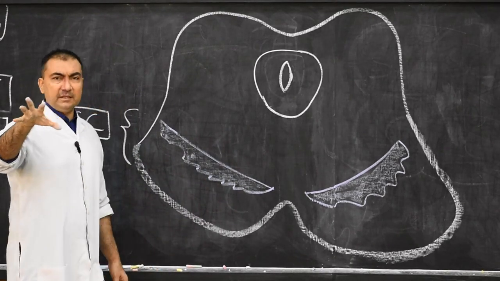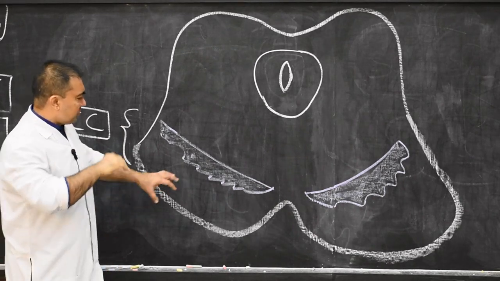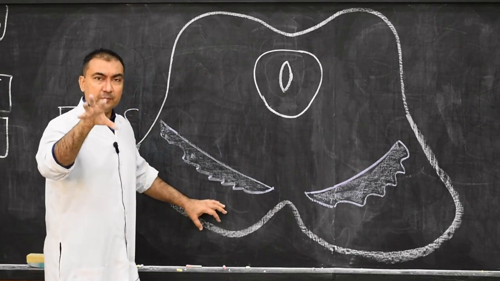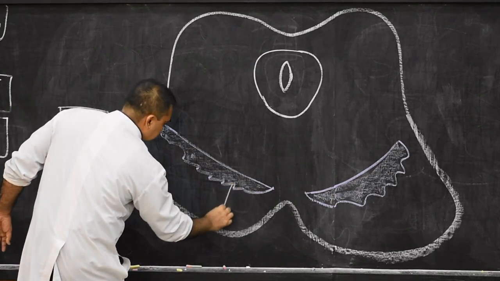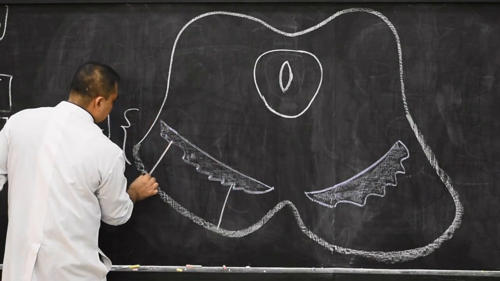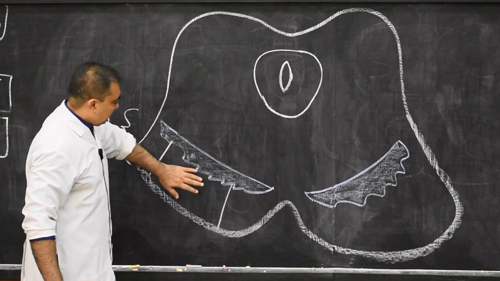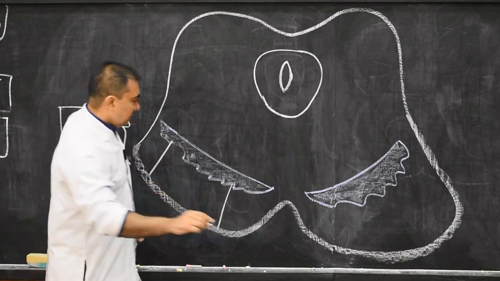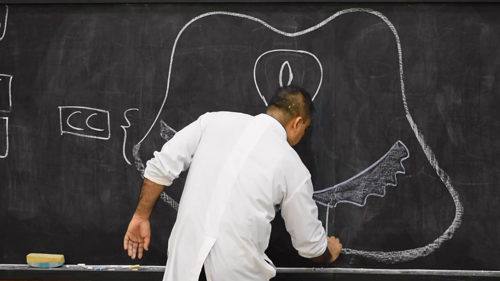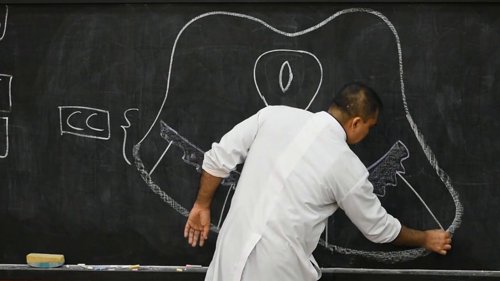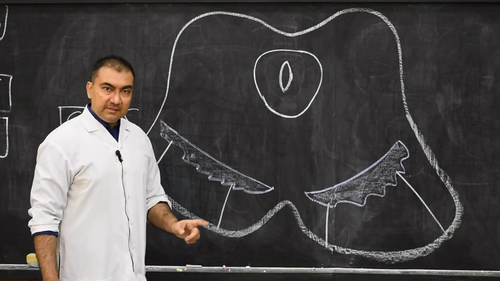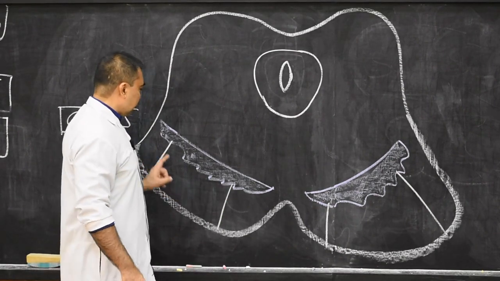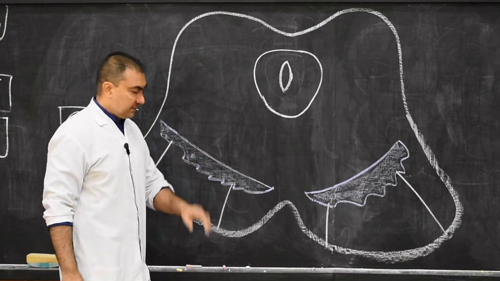This crus cerebri will contain the major portion of the descending tracts, where we divide this crus cerebri into medial 1/6, lateral 1/6, and the middle 2/3. This is the division. Please note down, medial 1/6, lateral 1/6, and this is the middle 2/3.